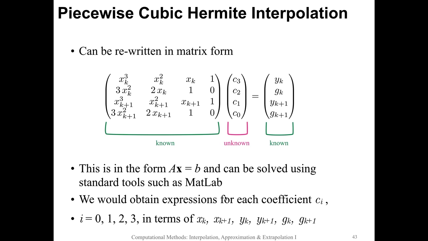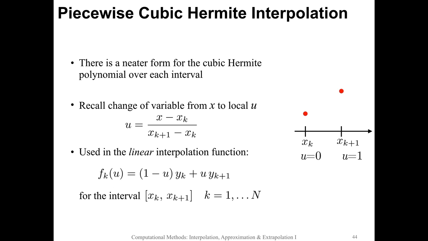And then we would obtain expressions for each of the coefficients of c, and we'd be able to write out these coefficients in terms of our xk's and yk's and gk's and so on. So as we've seen, it's possible to set up a system of equations so that we can solve and find the coefficients of the polynomial that we can use for our piecewise cubic fit.